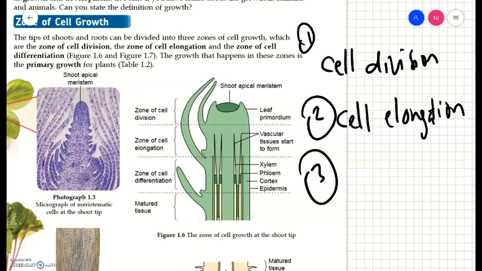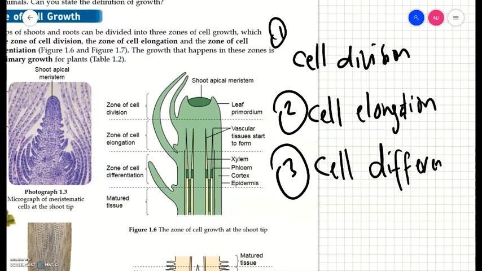And the third one is cell differentiation. Before I go further, atau kita refer pada textbook, this is again, when playing logic, always play logic.